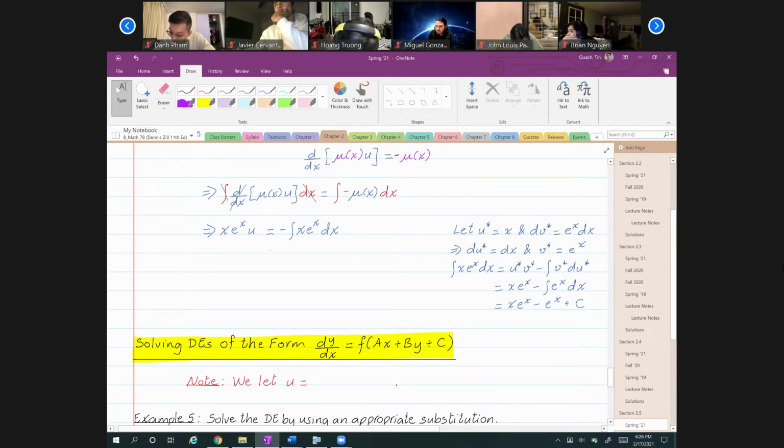So right here, you have x e to the x u equals negative x e to the x plus e to the x plus c. So what is u? You divide x e to the x on both sides. So you have negative 1 plus 1 over x plus c over x e to the x.